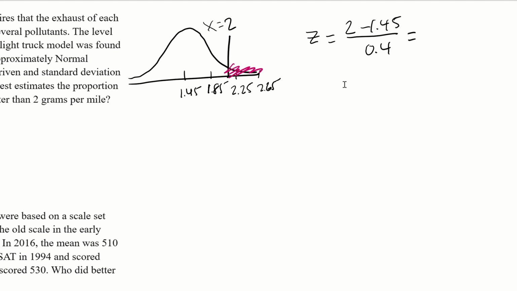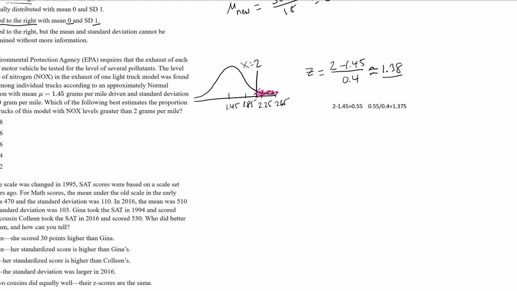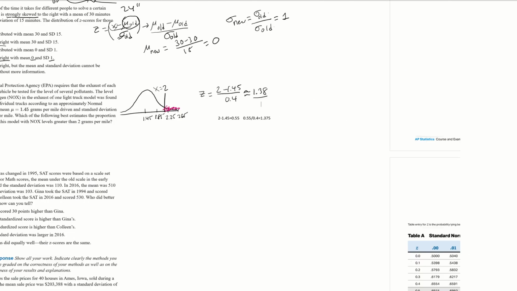So we do the math here: 2 minus 1.45 divided by 0.4. So that's 1.375. Sorry, we have to round it to 2 decimals. It's about 1.38. So let's look up the z-score on the z-table. So we're going to look at table A.